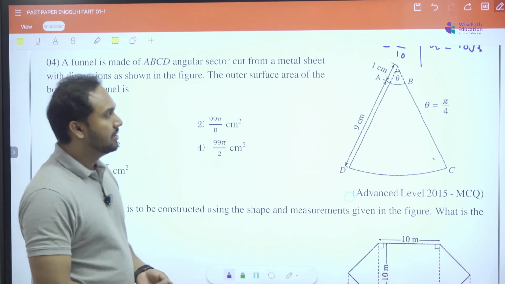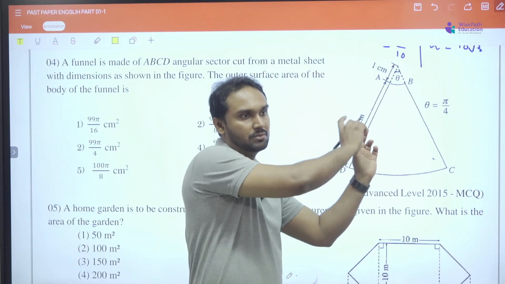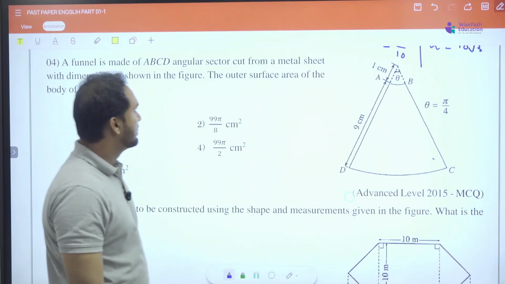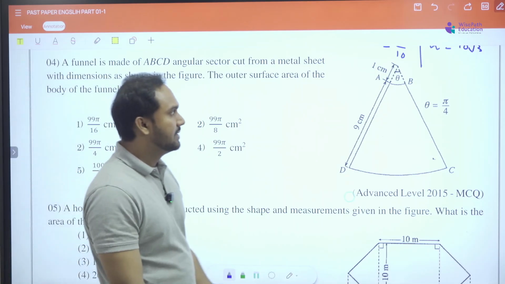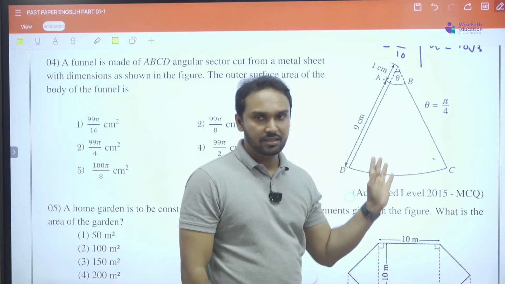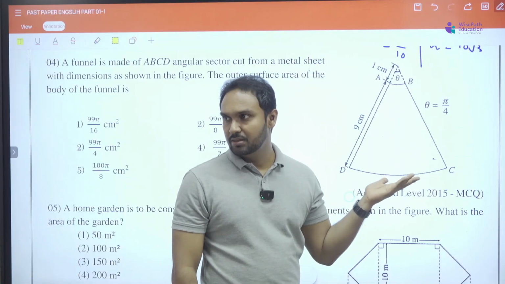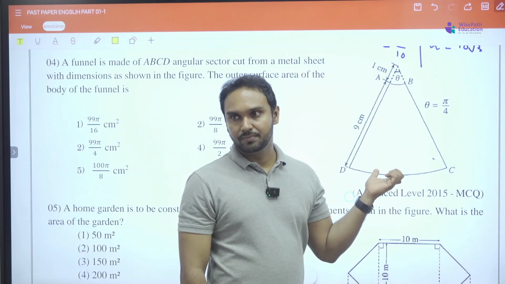So they are making a funnel using this sector. They are just trying to fold it and make a funnel, right? So they are asking for the surface area of this, right? So the surface area of the funnel is the surface area of this, because you are rolling this to make the funnel, so it's the same area.